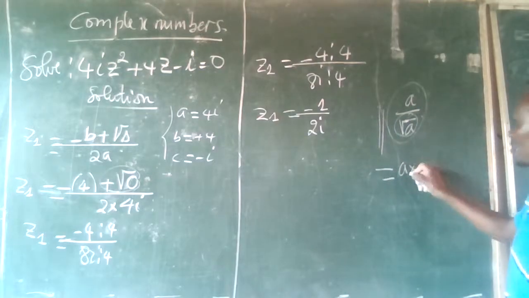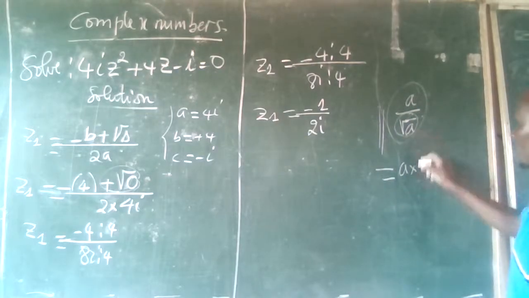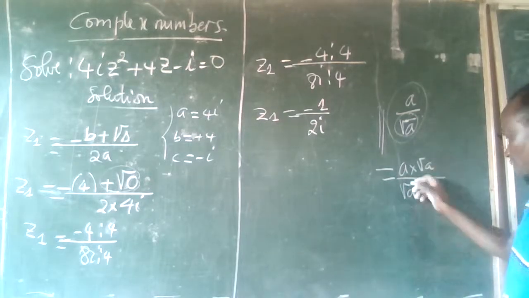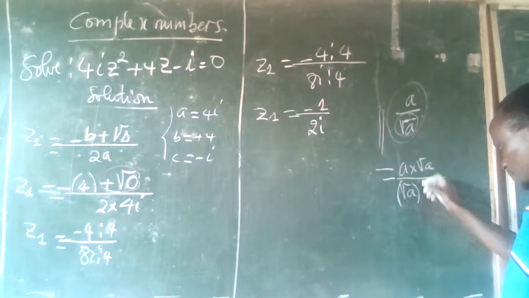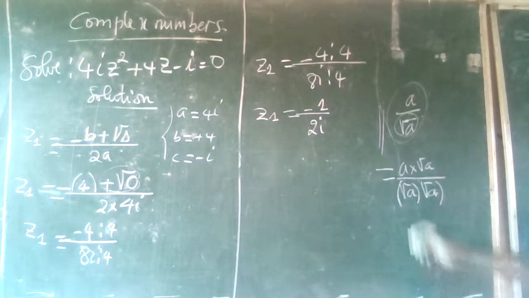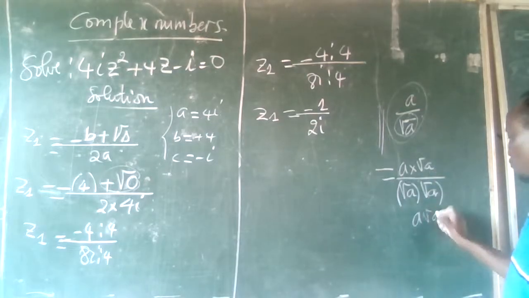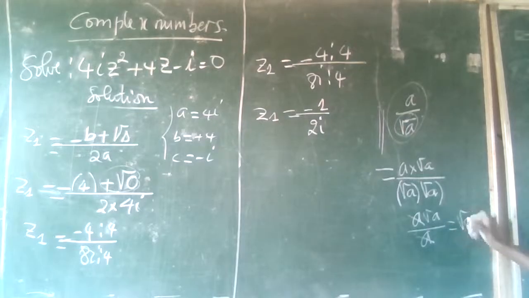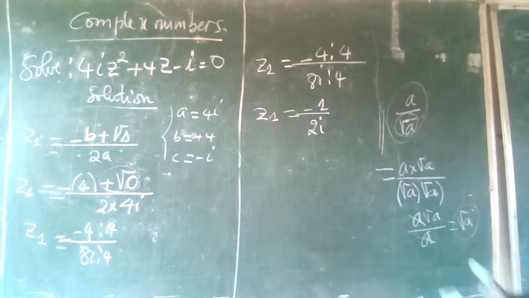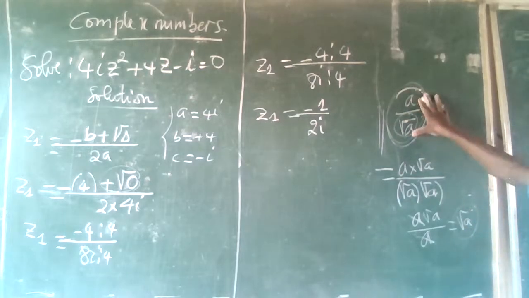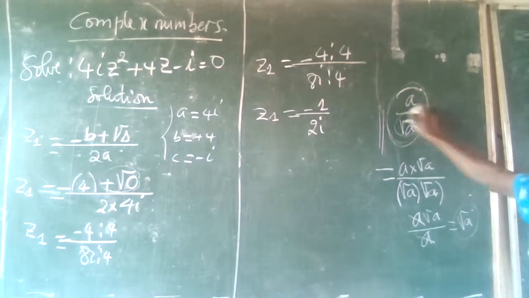We take this h times root of a over root of a, times also this term, the one that we have multiplied to this numerator. Now we remain with root of a over a, and simplify if it should be better, then the final will be root of a. This is how we should do this term, yes, by rationalizing this denominator.